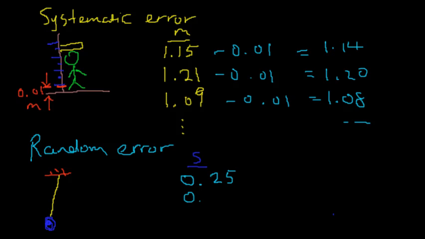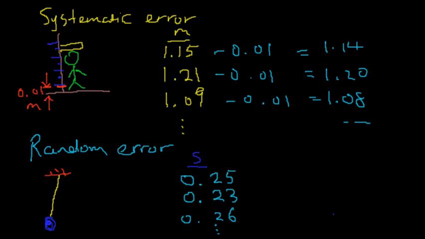The next number that I measure, so I'll start again and measure another cycle, let's say 0.23. Okay, and then I measure that again, and I'll get 0.06, and I can keep doing that. And what you'll find is that the numbers are sometimes a little bit bigger, sometimes a little bit smaller.